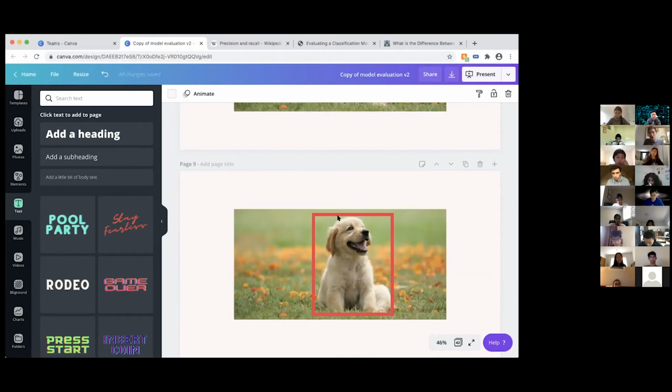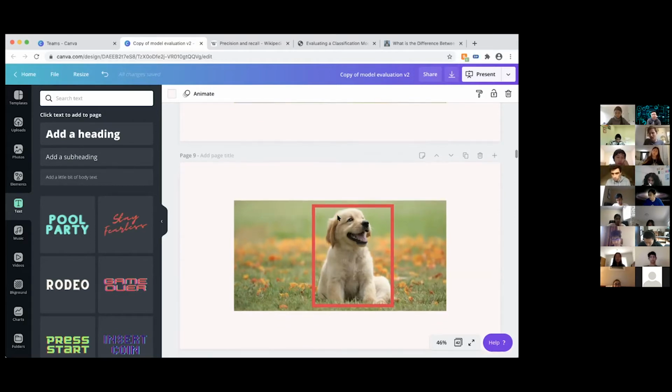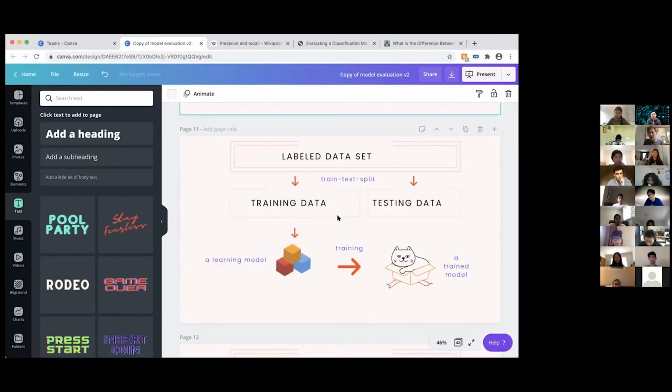So to make sure our model is generalizable and it'll work for all pictures of dogs, we might want to test it with images that it has not seen before. With that being said, we're going to transition into this idea of a train test split. This is a common paradigm in machine learning.